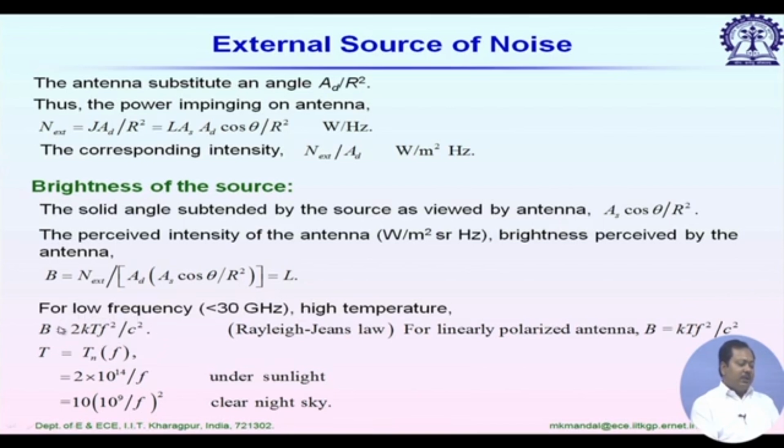But if the antenna is linearly polarized, we can't receive all of this power, only half of it. So for a linearly polarized antenna, B equals kT f square by c square, and the corresponding T is obviously a function of frequency. Approximately, this is 2 into 10 to the power 14 by f under sunlight, and 10 into 10 to the power 9 by f whole squared under a clear night sky. So it varies with the condition.